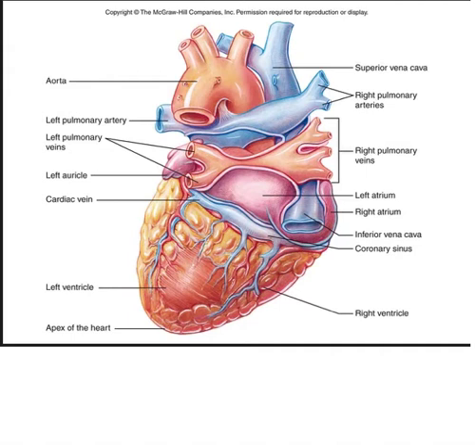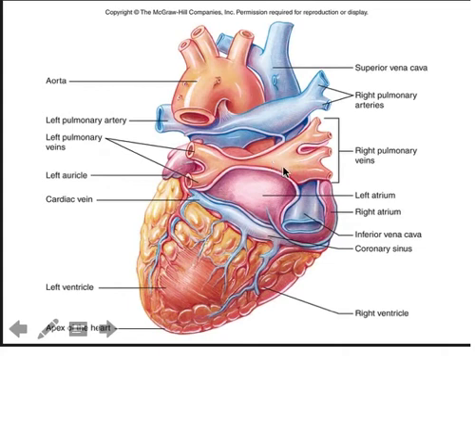You can see those pictured here, and they are going to empty blood into the left atria. Okay? From the left atria, the blood will descend down into the left ventricle, and the left ventricle will then eject that blood into the aorta. Okay? So the red color of these vessels indicates the oxygen content of the blood that they contain.